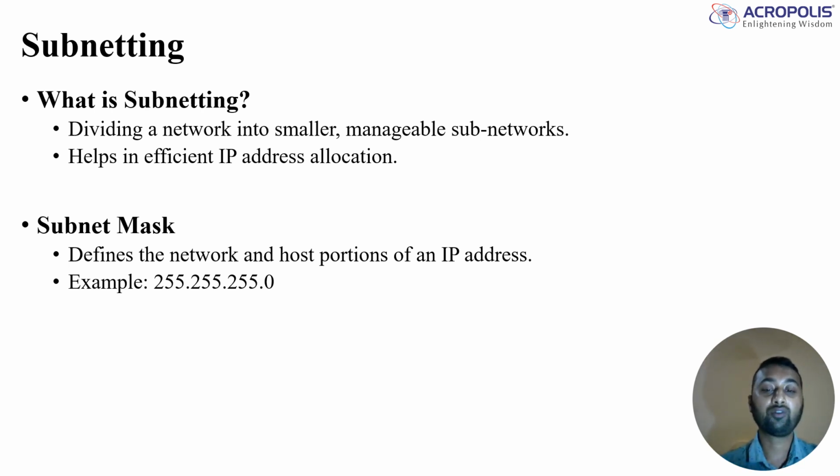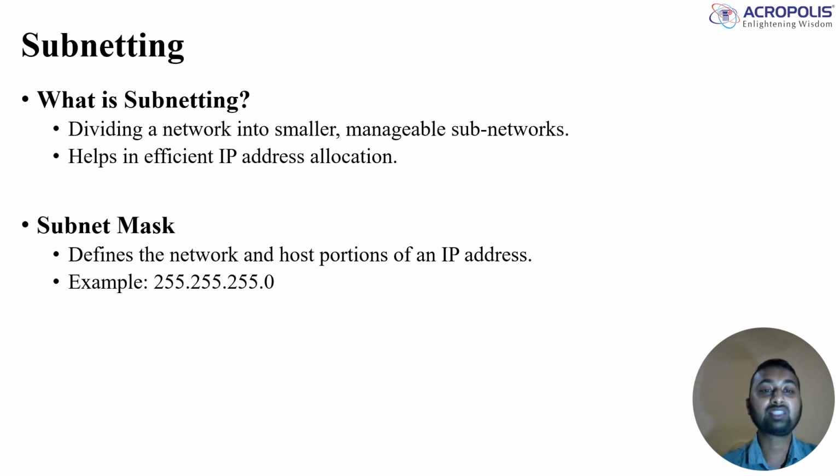Example of subnetting. Let's suppose we are taking a class C IP address, 192.168.1.0. Then the subnet mask is 255.255.255.0. The network partition is defined by 255.255.255.0: the first three octets represent the network and the last octet represents the host portion.